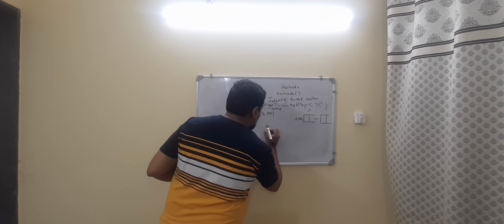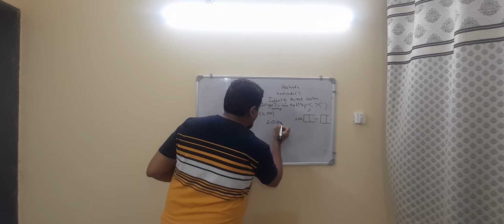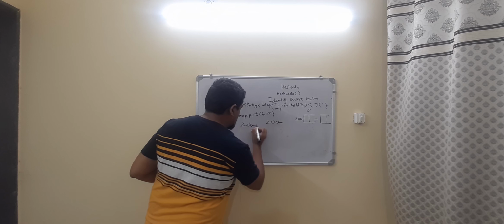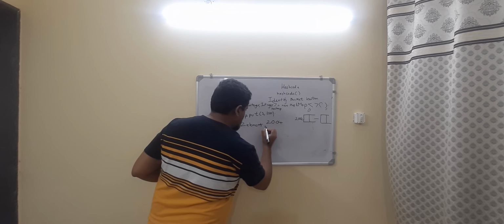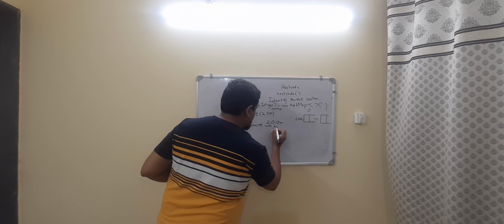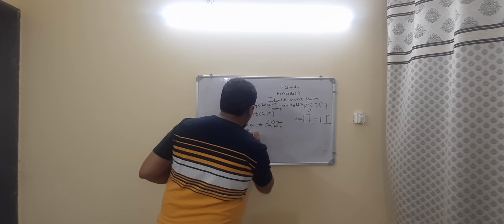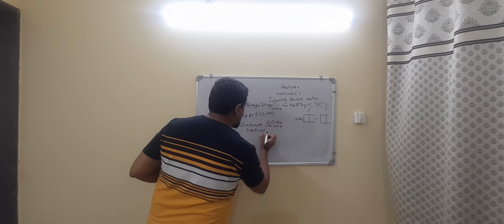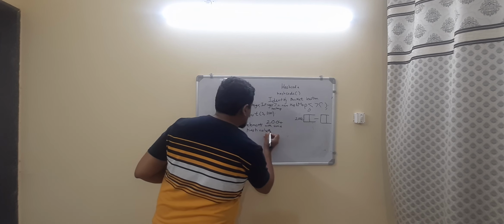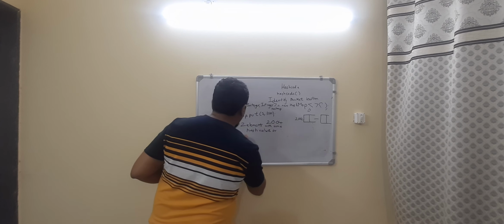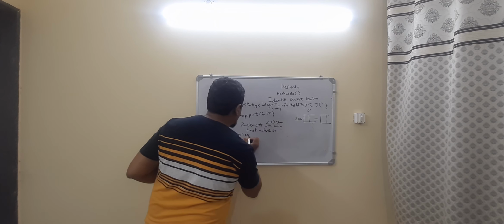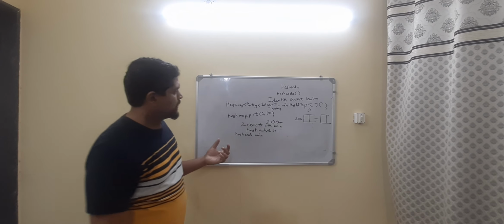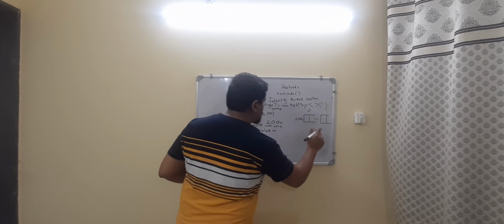So suppose we have 2004 and there exist two elements with the same hash value, or hash code value, you can say. Such a situation arises in the case of hash collision. So this situation is called hash collision.